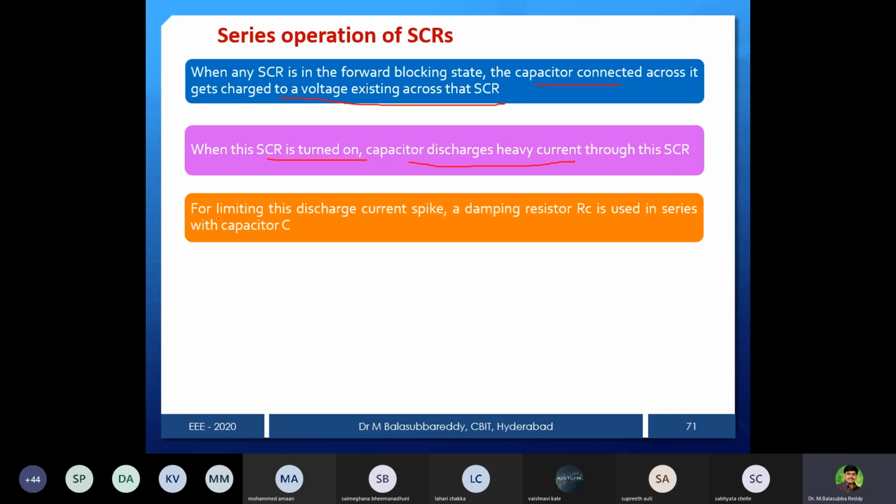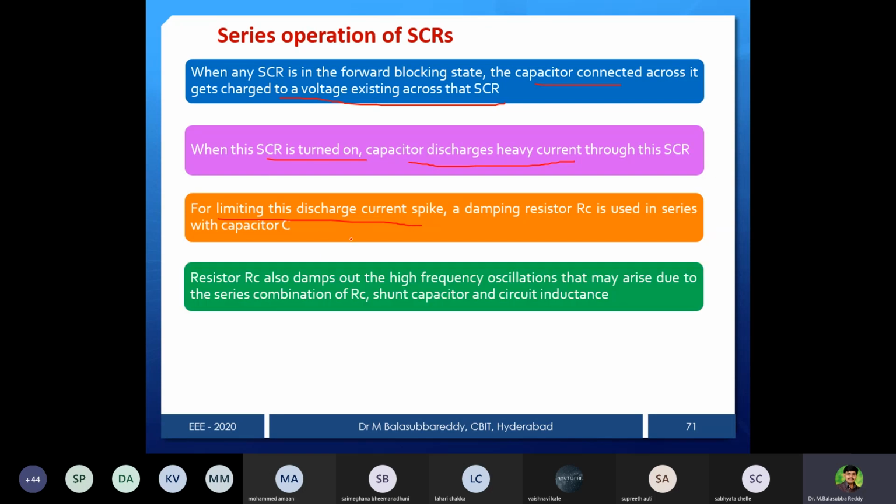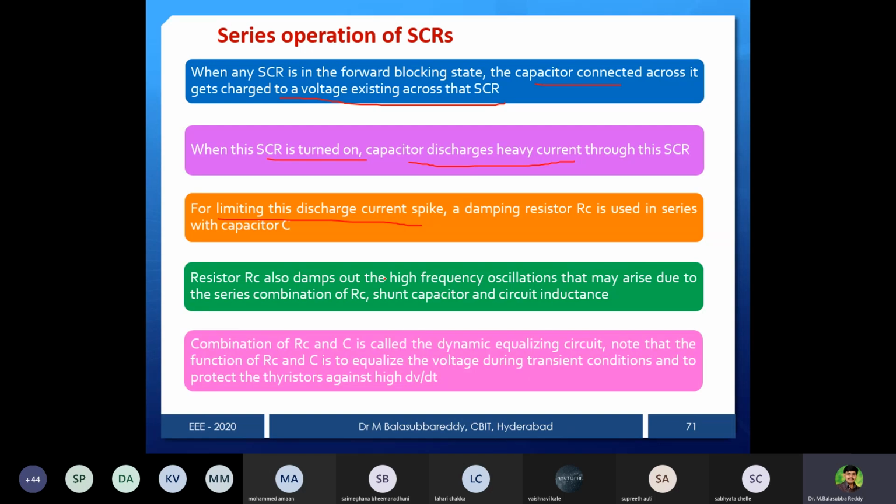For limiting the discharging spike, the damping resistor is used in series with the capacitor, and resistor RC also damps out high frequency spikes because of the large resistor placed in series with the capacitor. That is one of the advantages.